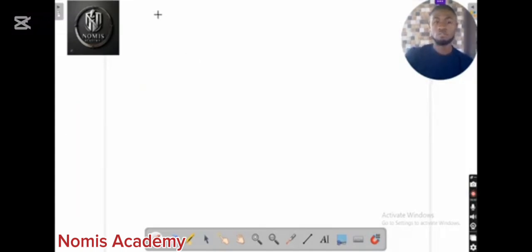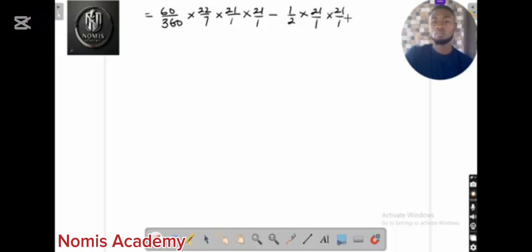So putting those values into the formula, we have 60 over 360 multiplied by 22 over 7 multiplied by 21 multiplied by 21, minus 1 over 2 multiplied by 21 over 1 multiplied by 21 over 1 multiplied by sine 60.